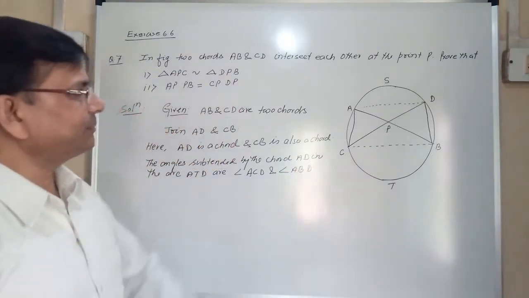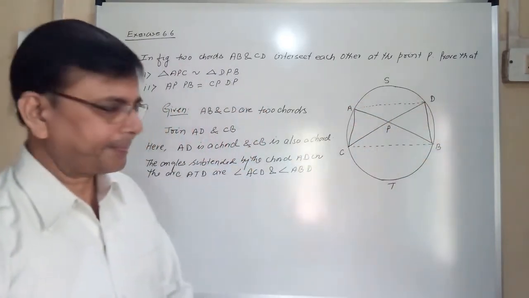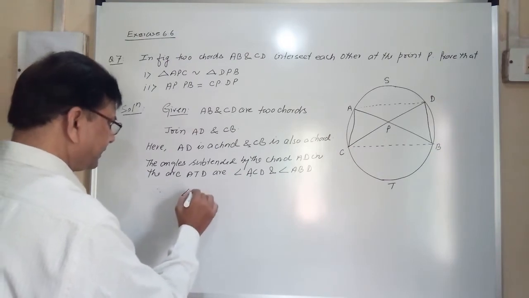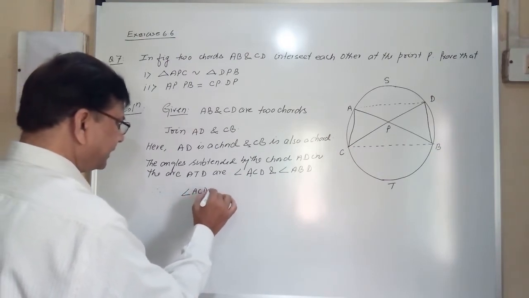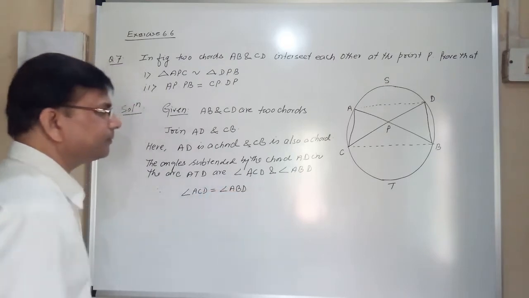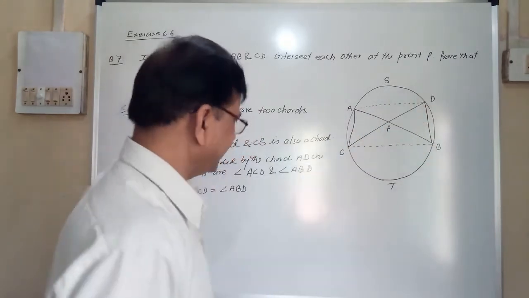So these two angles are subtended by this chord on ATD. Therefore, angle ACD is equal to angle ABD, right?